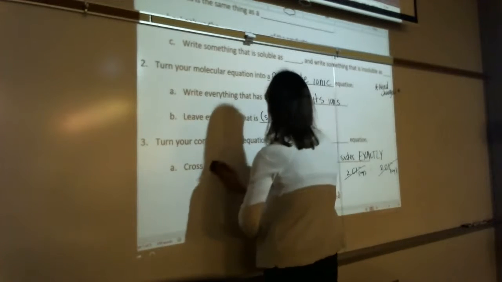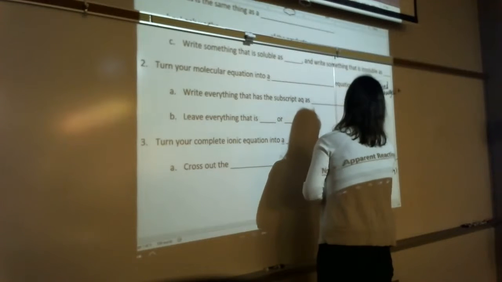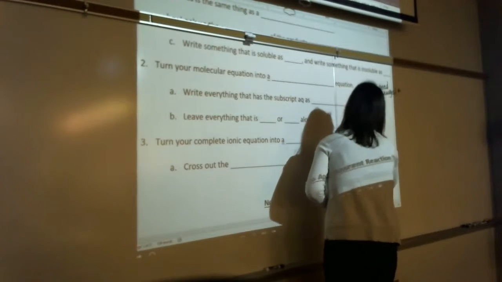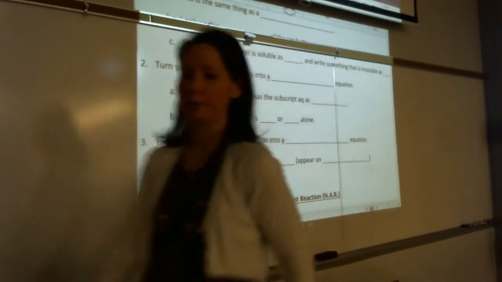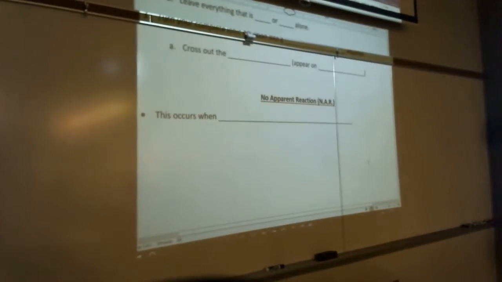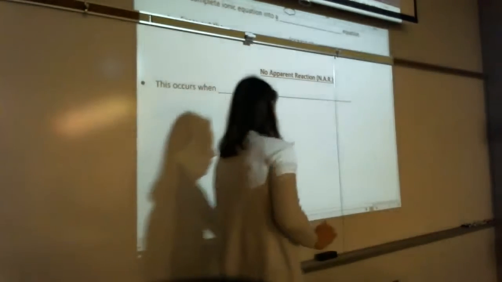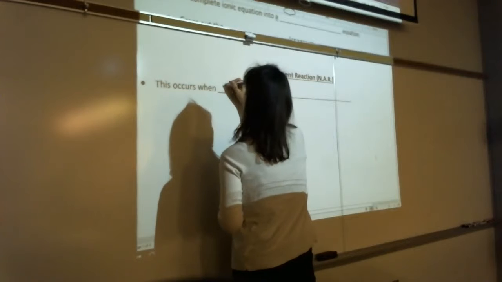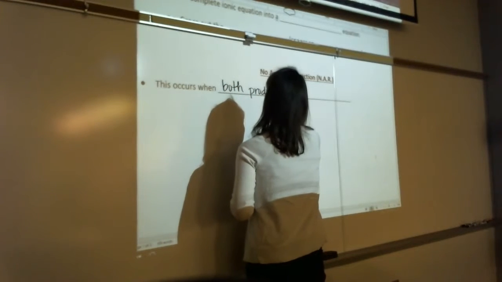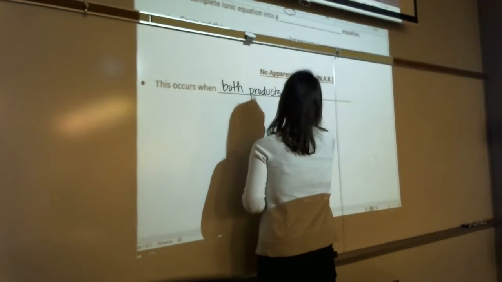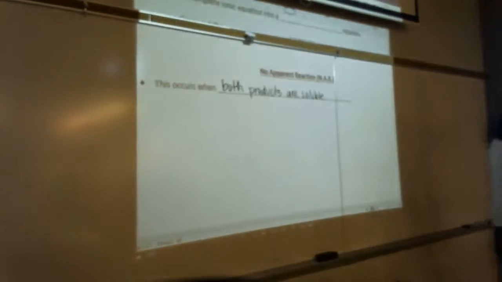So the last thing we need to do before we get into some examples is the scenario called no apparent reaction, NAR for short. This occurs when both products are soluble.